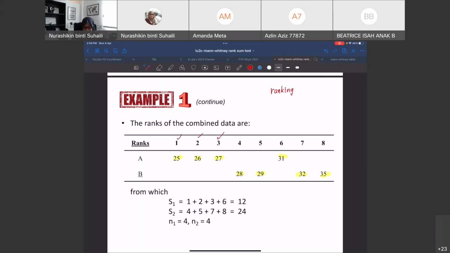Number 4, this one, belongs to sample B. Number 5, 6, 7, and 8. Here we don't have tied ranks because there are no two similar values.